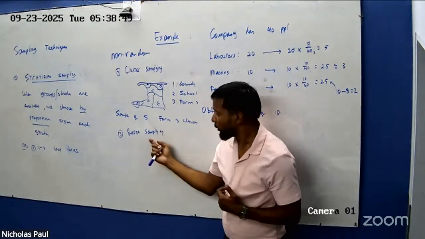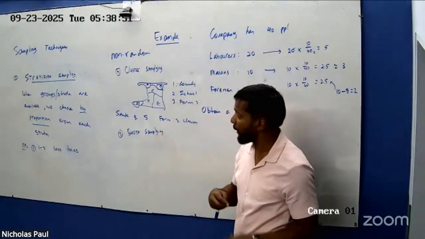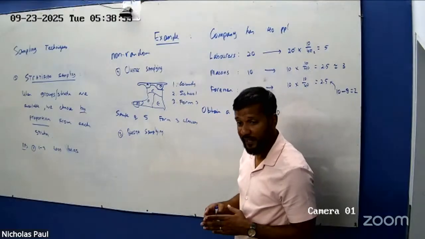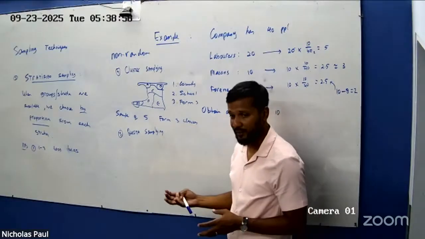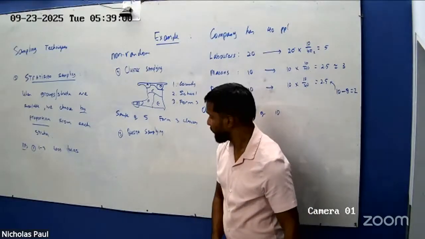So quota sampling is where you go into a particular area and you obtain whatever quota or amount that you need to get. Okay? Make a note of that.